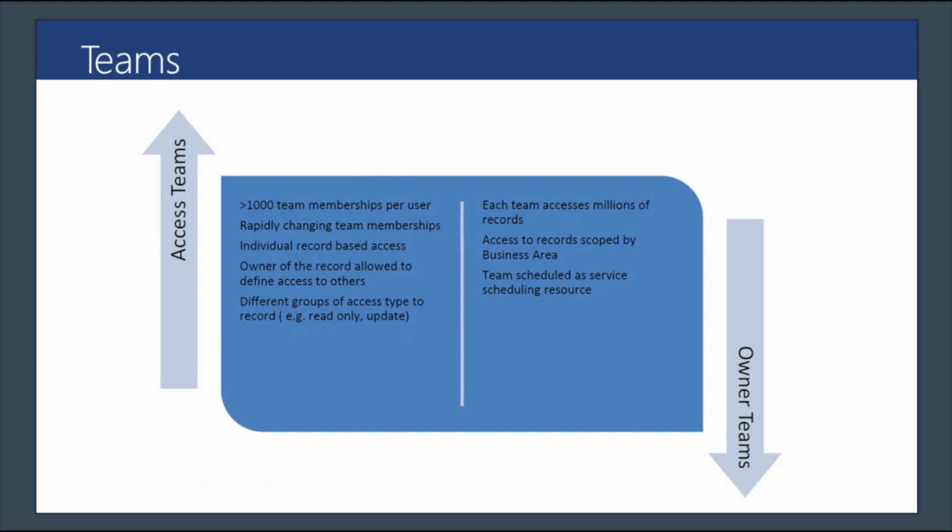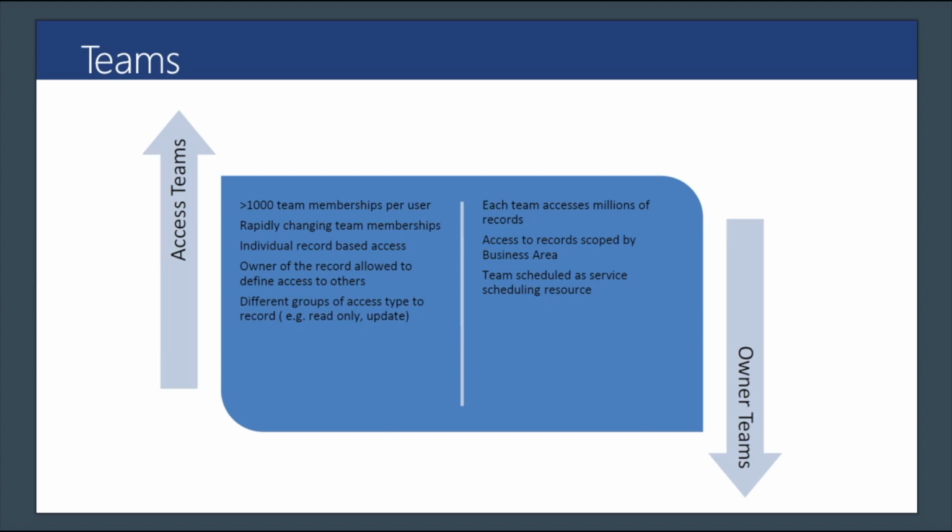And some of the other variables to consider when you're trying to determine which team type is appropriate for your situation. So access teams are good when there's a large number of memberships per user, or when the membership is rapidly changing. Okay.